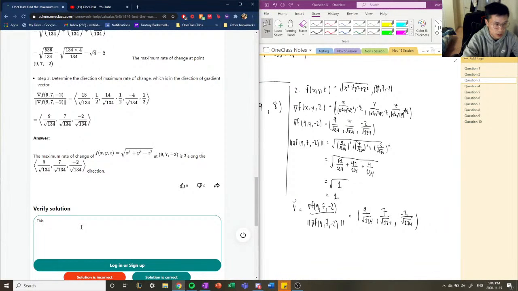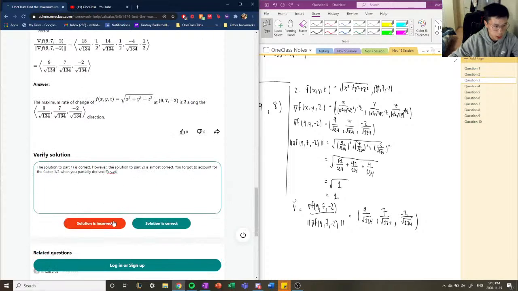So the solution to part 1 is correct. However, the solution to part 2 is almost correct, when you forgot to account for the factor 1/2 when you partially derived f of x, y, and z.